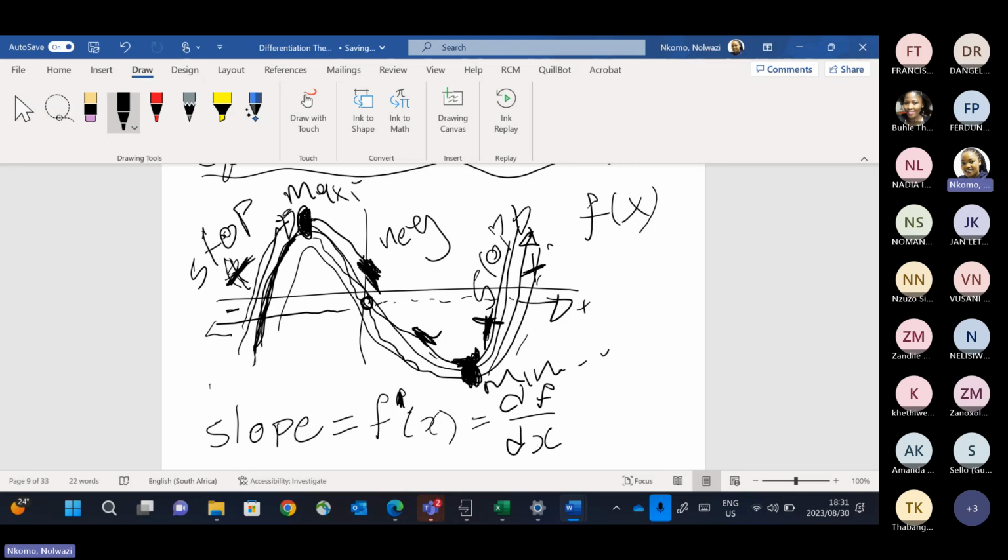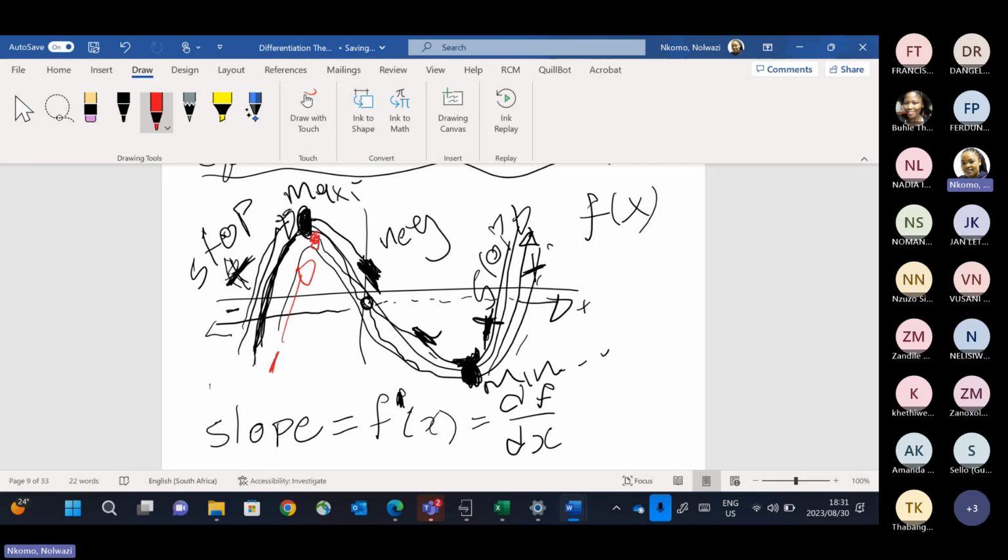Remember, from this side to here, the slope is positive again.